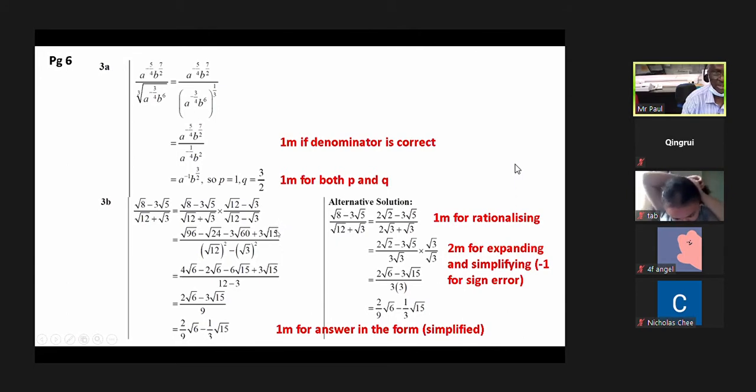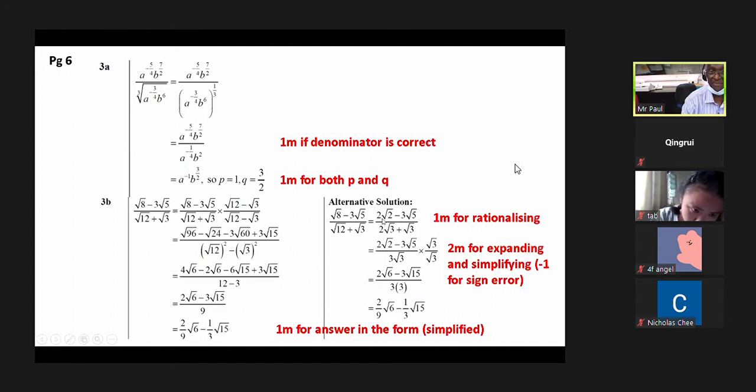And if you do this method, you notice the multiplication is a bit difficult because you're dealing with bigger numbers. And then if you do it correctly, you'll end up with this. Then your answer will be this, because we want it in that form, right? So your answer must be given in the form a square root 6 minus 1/3 square root 15.